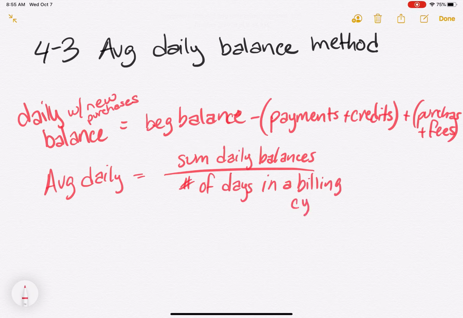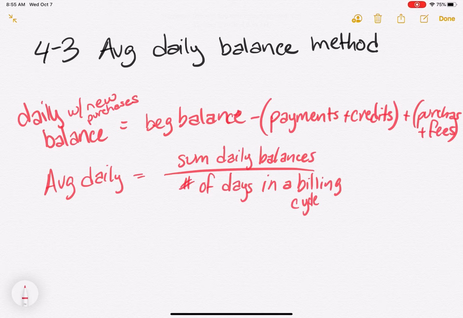So that's probably going to be what two numbers? Either 30 or 31, depending on what month it is. You get billed for a credit card every single month. So it's going to be the sum of all of them together divided by the number of days. That will give you the average daily balance.